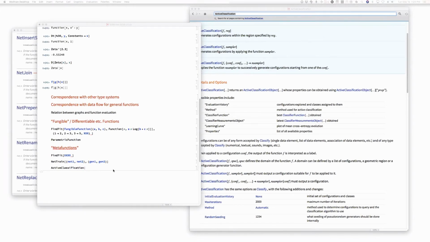We understand differentiability in a space of parameterized functions, but not in an arbitrary symbolic space of functions. Differentiability might be just too restrictive for that. So the way people do this, for example looking for new topologies in networks, is using reinforcement learning, which has no restrictions on differentiability.